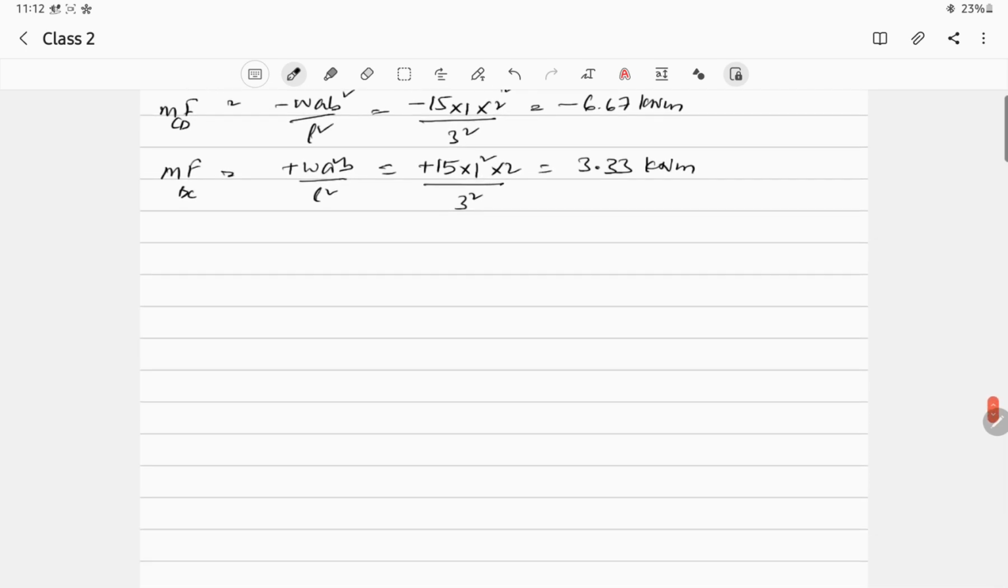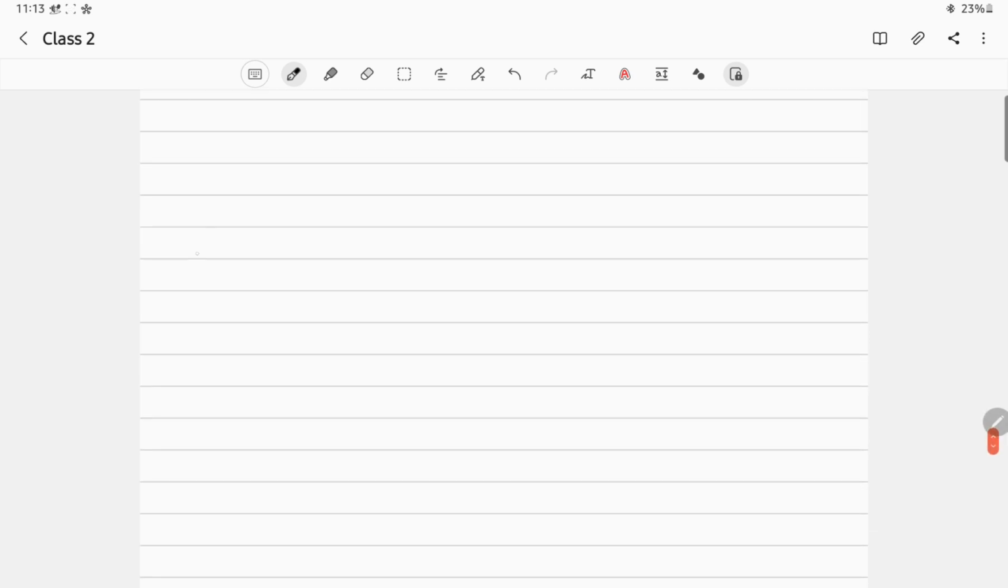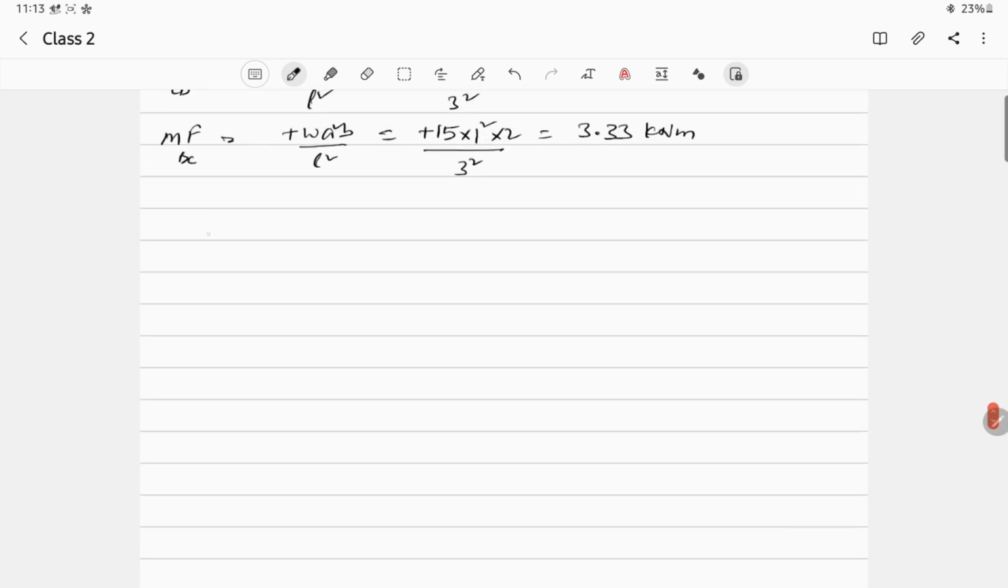Okay, now what we do here is we'll try to take down the fixed end moments. What are the fixed end moments we have? You can see here, we denote P1 dash is equal to MFBA plus MFBC is equal to 4.44 minus 10, which is equal to minus 5.56 kilonewton meter.